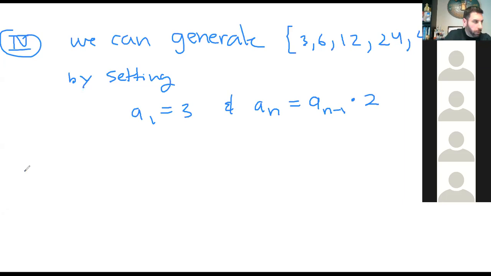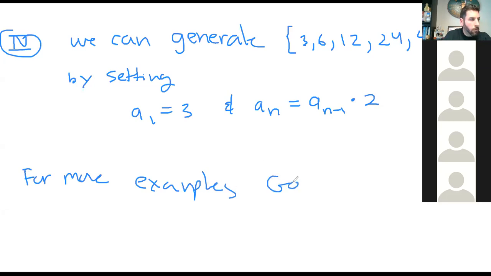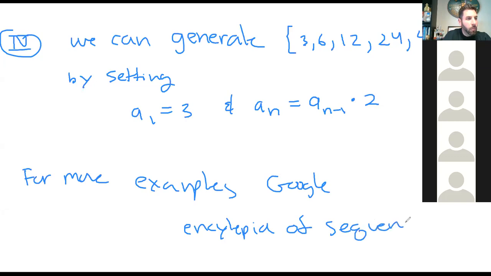What you can do to blow your mind is you can Google the encyclopedia of sequences. A bunch of nerds for so many years have been putting a database together of everything humans know about this, and I will show it to you right now, because why not? What else are we going to do with ourselves?